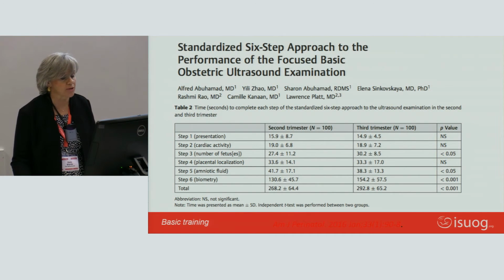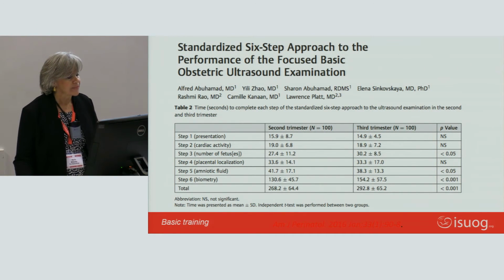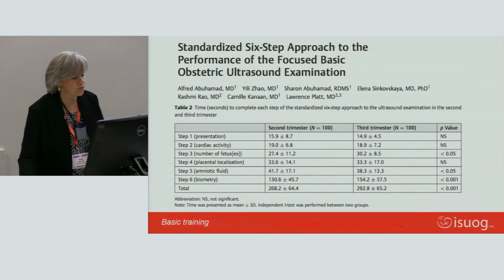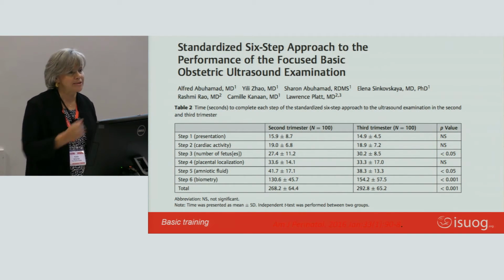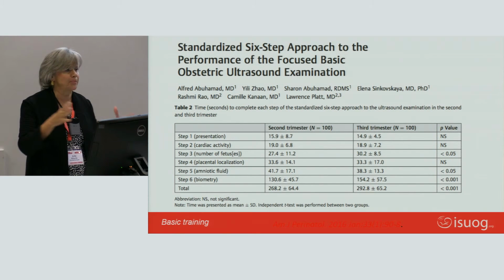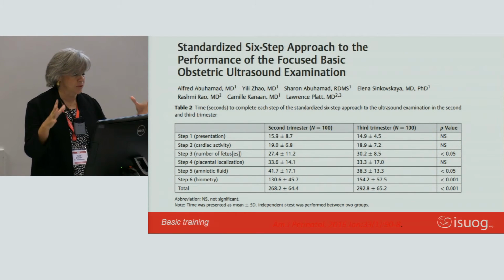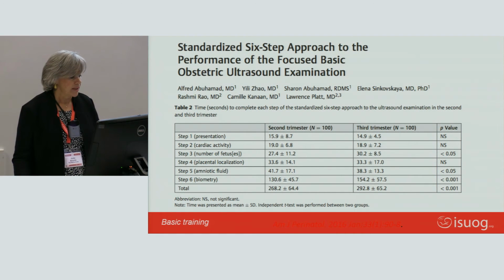The difference was not significant. Whereas, if you want to look at the number of fetuses, it may be more tricky in the 3rd trimester because it will require more time because the surface of the uterus is much larger.